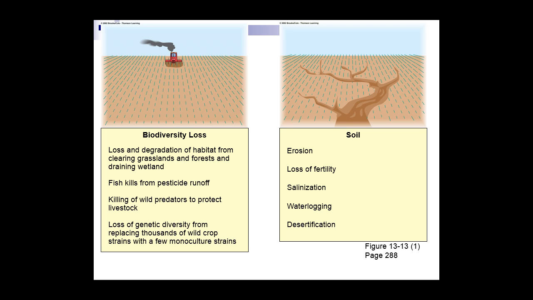Salinization. Okay. Salinization is when you repeatedly apply irrigation water and some fertilizer. And what happens is some of the water evaporates, but the fertilizer and the salt that may have been in the water just stays there. And over time, these salts build up, and they build up, and they build up.